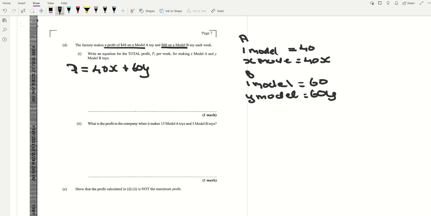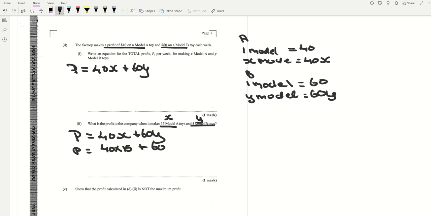Right, for part 2, what profit does the company make when it makes 15 A toys and 5 B toys? So if we know your profit is equal to 40X plus 60Y, and you know that X is model A, so that's 15, and Y is model B, which is 5, my profit would be 40 multiplied by 15 plus 60 multiplied by 5.